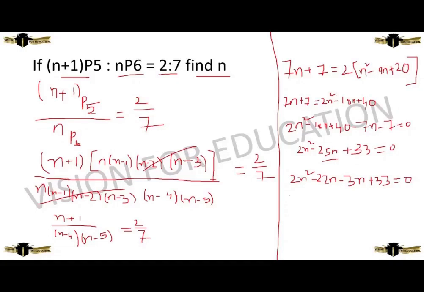Now simplify this. 2n into (n minus 11) minus 3 into (n minus 11) equal to 0.